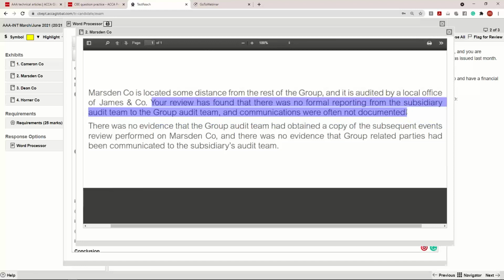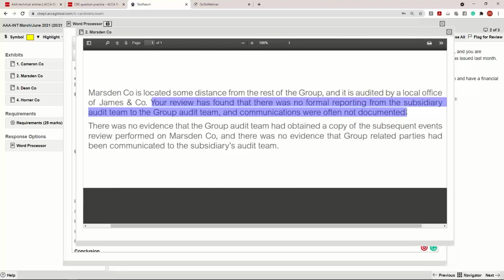Do you believe there has to be proper communication between the group auditor and the component auditor, whether they are the same firm or dissimilar firms? Even if they are the same firm or a dissimilar firm like Cameroon Company, you need to ensure there is proper formal reporting between the component auditor and the group auditor.